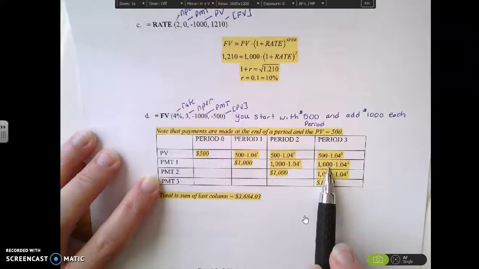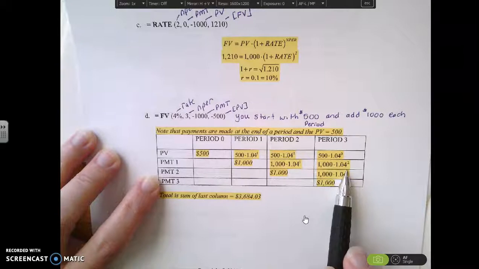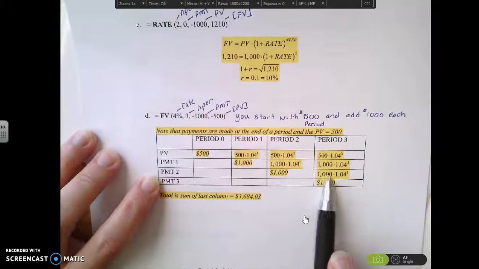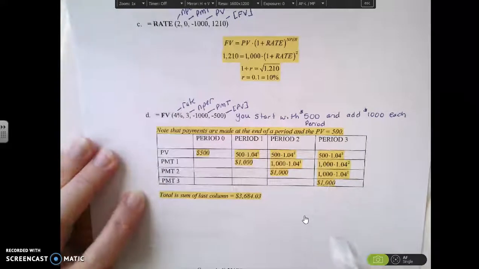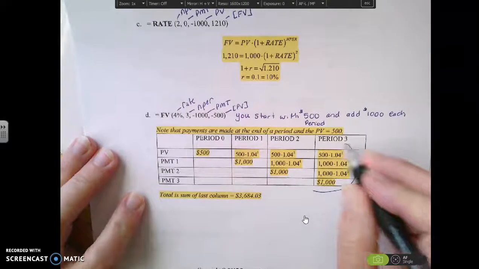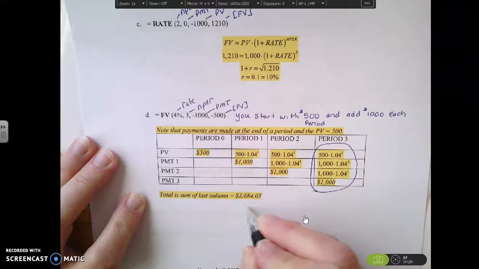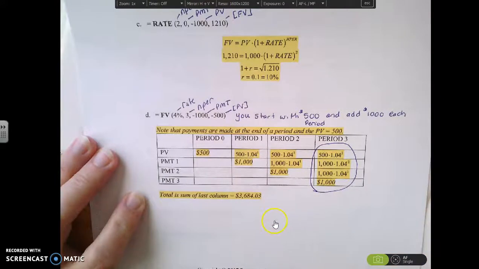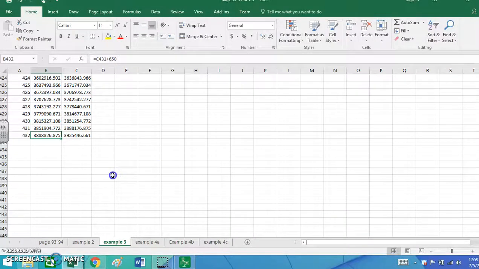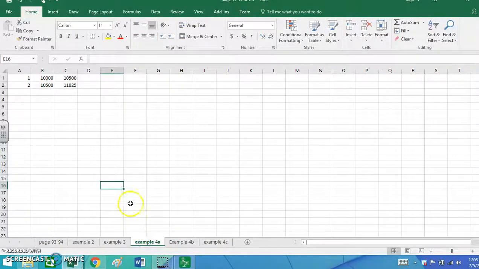I have $1,000 in the bank that got interest twice. I have another 1,000 that got interest 1 time, and I have this current 1,000. So if I add up all of these values in this last column, I get $3,684.